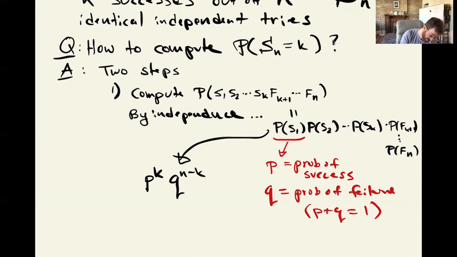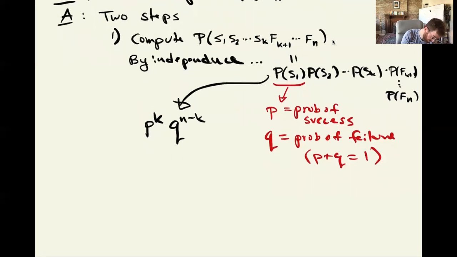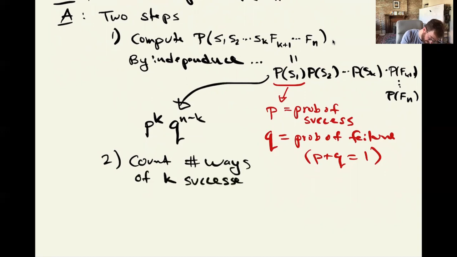So now what we have to do is a little bit of counting. So now let's just count the number of ways of K successes out of N tries.